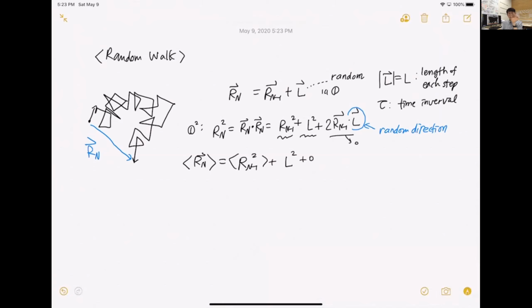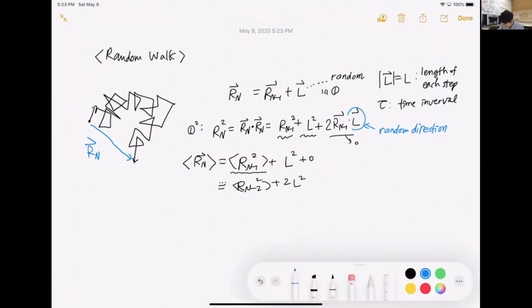So then we can see that this nth step will be described by the n minus first. We can come down eventually, so this becomes the average of Rn minus 2 squared plus another L squared. So in the end, Rn minus 2 squared plus 2 L squared, and you can see the rule here.